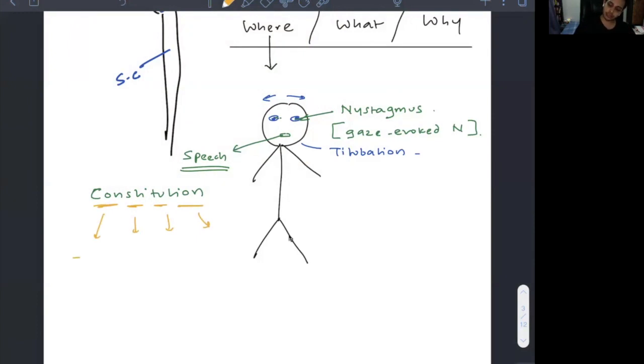So this is known as scanning speech. So instead of you saying constitution as one word, you will say con, ti, tu, shun, because each one of those syllables will require separate effort. So that is called as scanning speech.